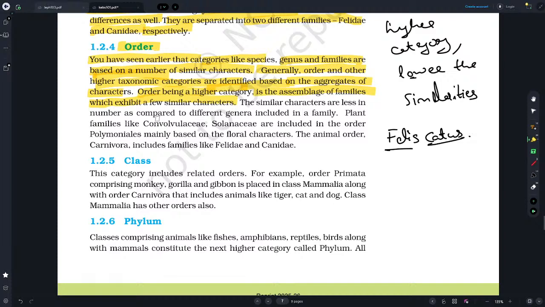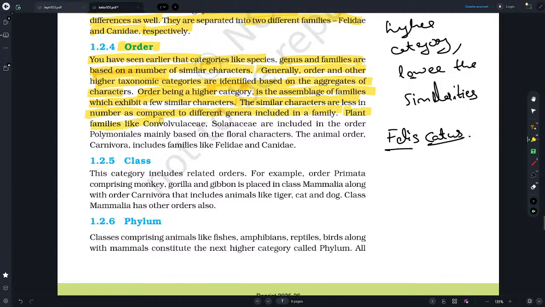The same goes for class, which is a group of orders, and the same for phylum and the kingdom. But as I said before, the higher the category, the lower the similarity. The similar characters are fewer as compared to the different genera included in a family.